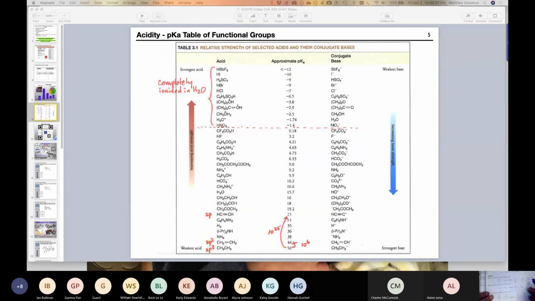So 3 is the acid, 4 is the base. Now that you've identified that, I'm gonna circle them. 2 and 3. So when you're doing this sort of problem, now you need to identify, okay, this is an alcohol, right? This is an alkane. Now go to the table that's shown in what is the pKa of this alcohol.